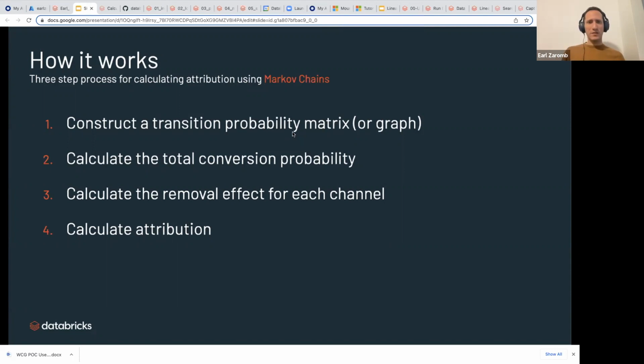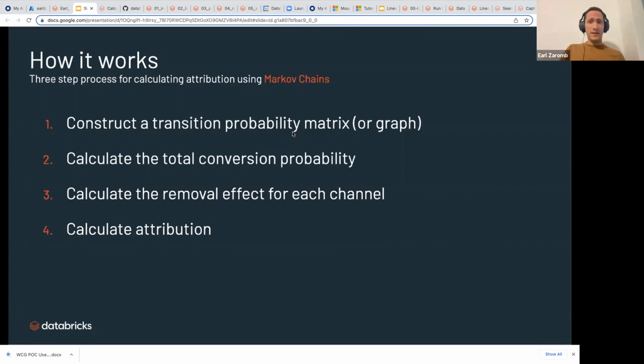And the idea within Markov chains is really to use these chains of events with different distributions to figure out the efficacy of particular channels, and you can also simulate what would happen under different types of marketing mix channels.